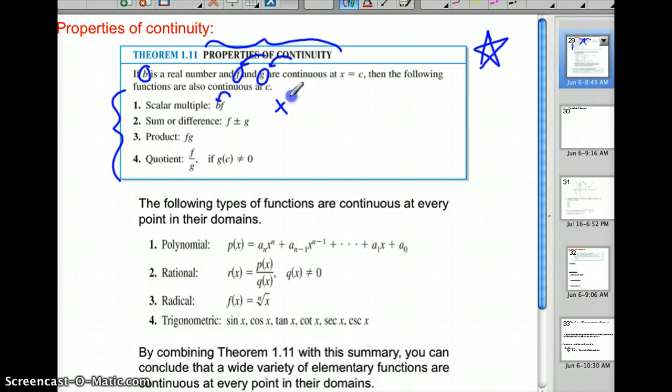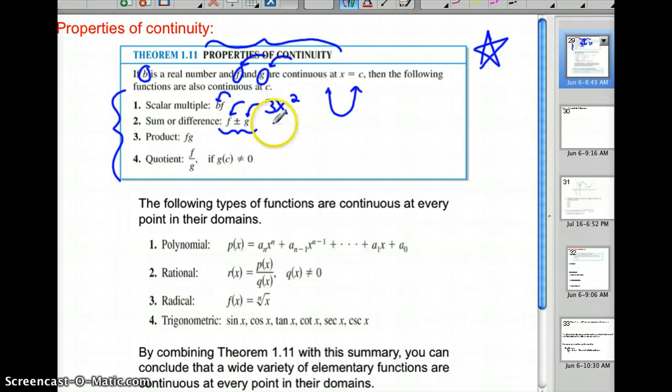That probably doesn't make a whole lot of sense right off the bat, but let's give you a basic function of, say, a parabola. We know that y equals x squared, or f of x, all the parabolas are continuous at all the points in their domains. And all that's saying is you can put a 3 in front of there and it's still continuous. This one says that if you have two functions that are both continuous at c, you can add them together.